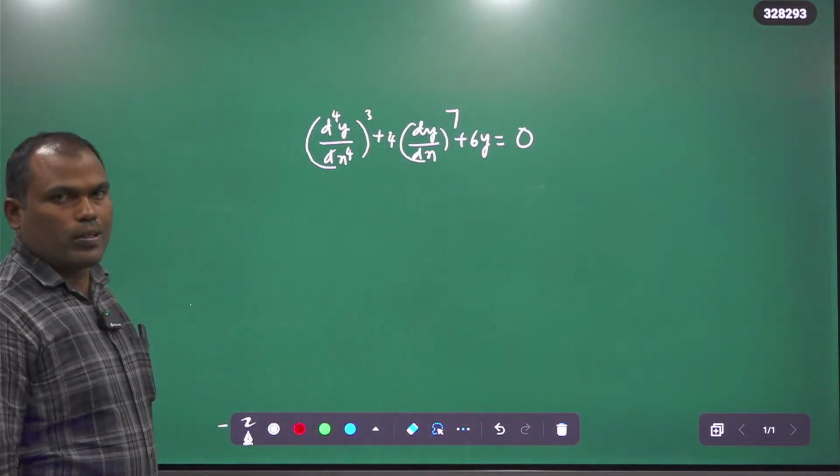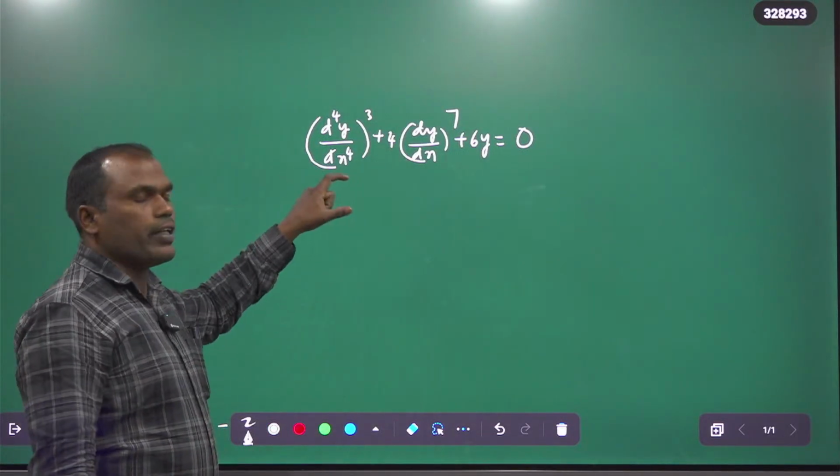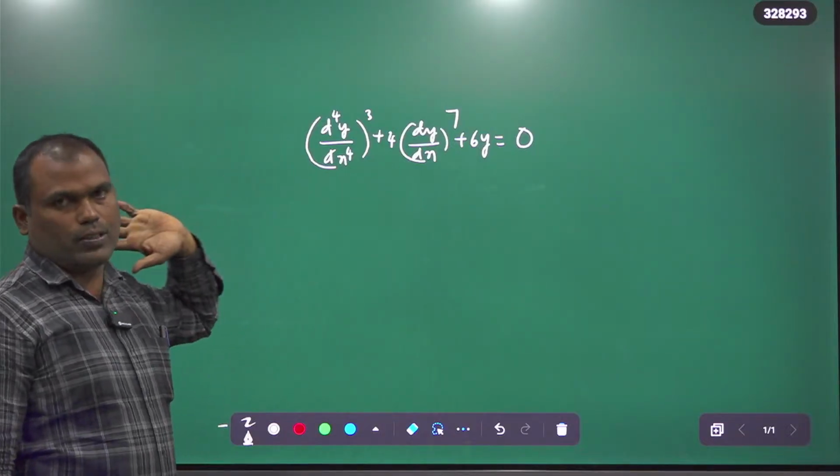So what is the question asking? Find the order and degree of this differential equation.